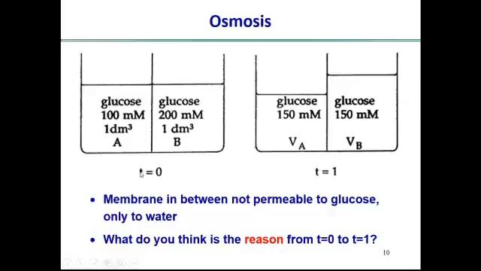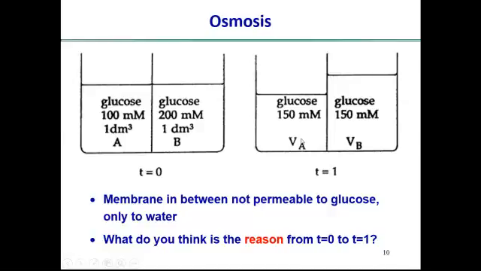So this is time zero. What would happen when it's equilibrated? On both sides, the concentration is 150 millimolar. However, instead of glucose moving from the higher concentration, which is the right, towards the left, it's the water molecules that moved from the left to the right.